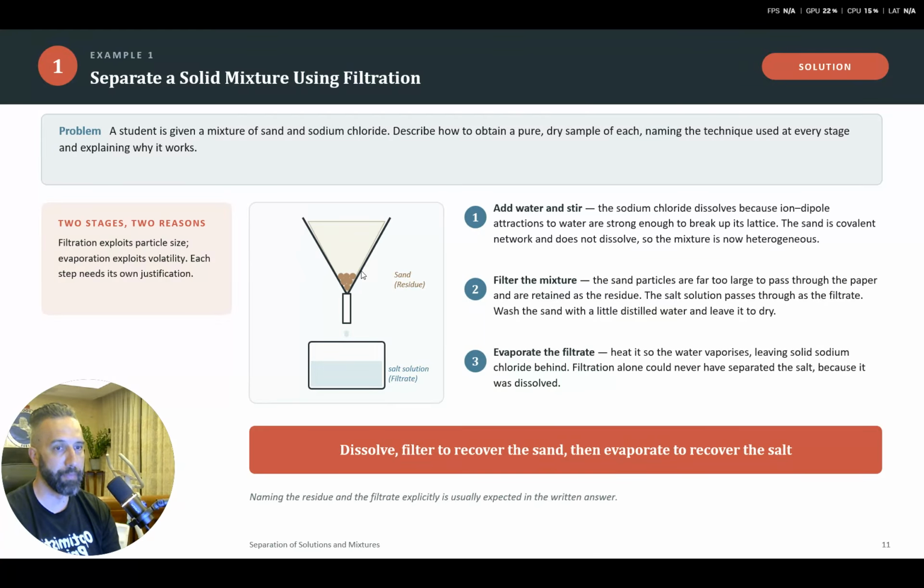You can add water, and the salt is going to dissolve in water, and the sand is not going to dissolve. Then when you pour that through the filter paper, the sand is going to remain in the residue, and the salt and the water are going to go into your filtrate. Then you just heat this up, the water evaporates, and you get the salt. You also need to dry the filter, because it says dry samples.